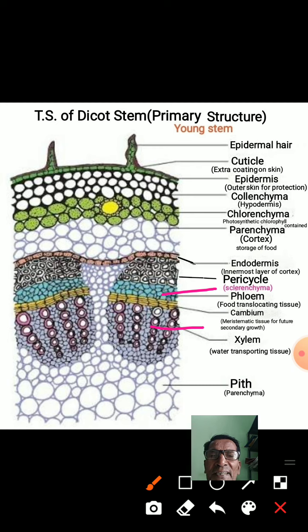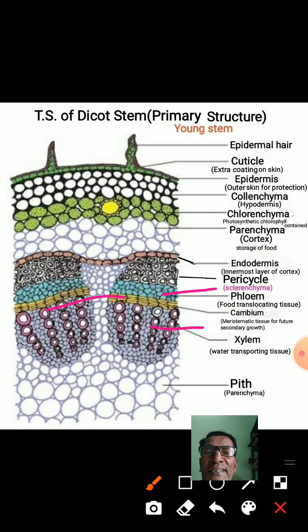The vascular bundles are collateral, one above the other. Above the xylem, the phloem is placed. This is called collateral.